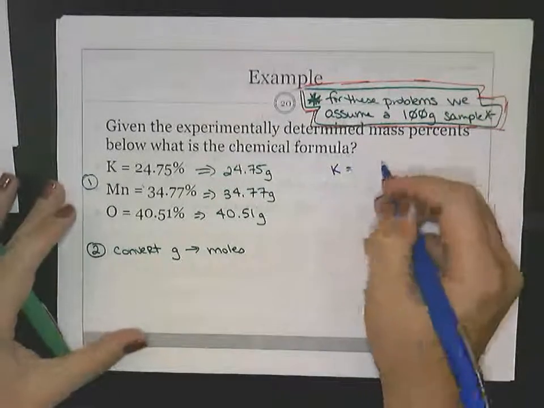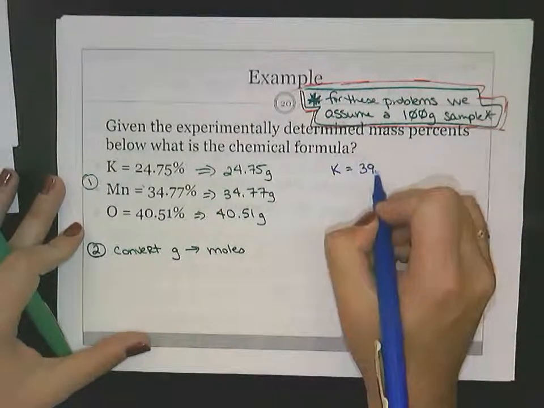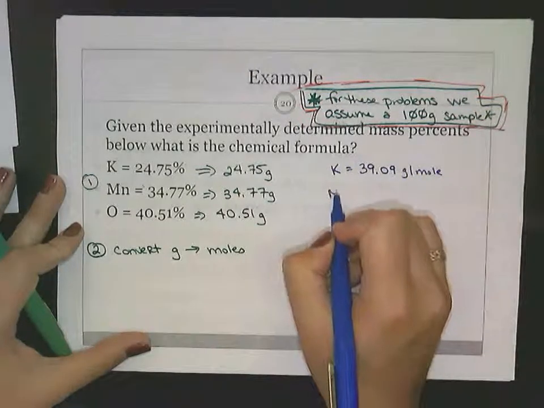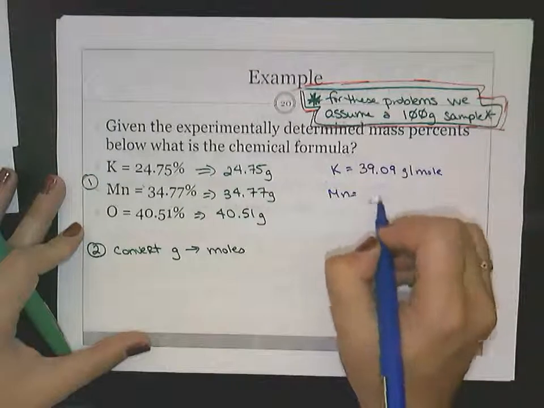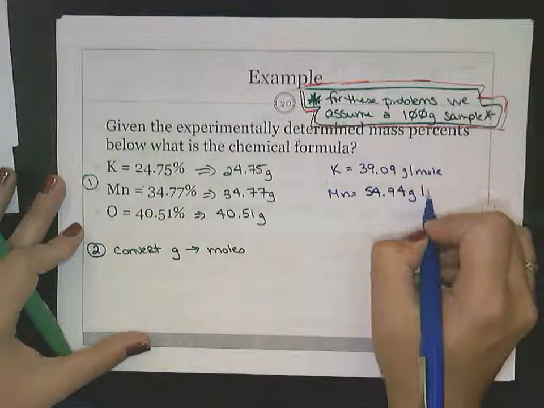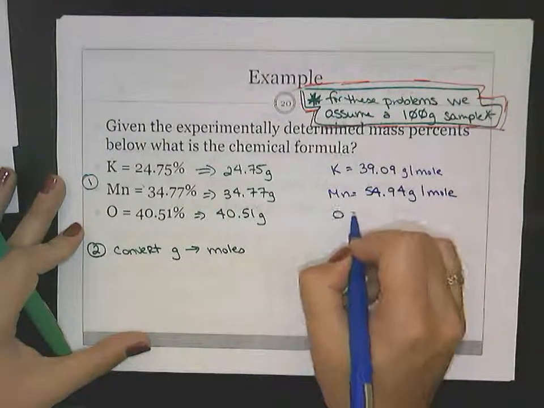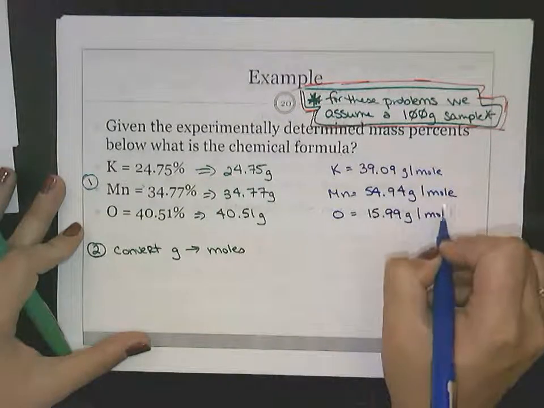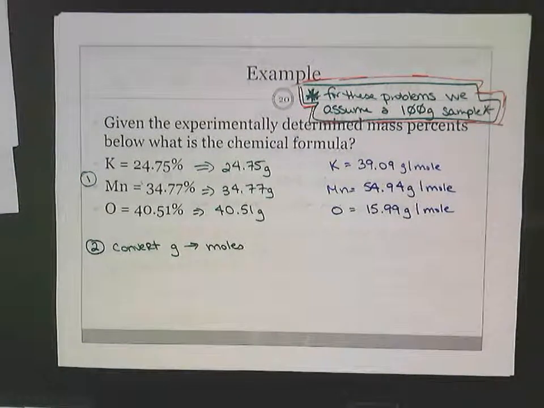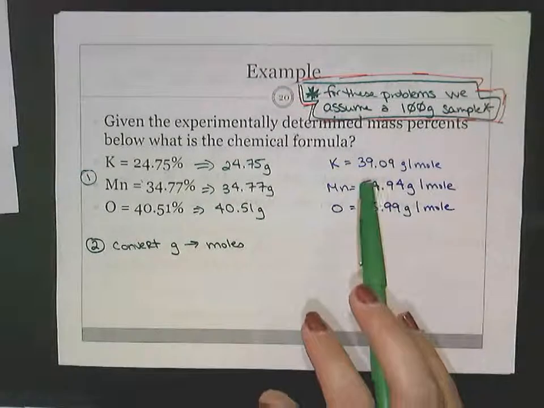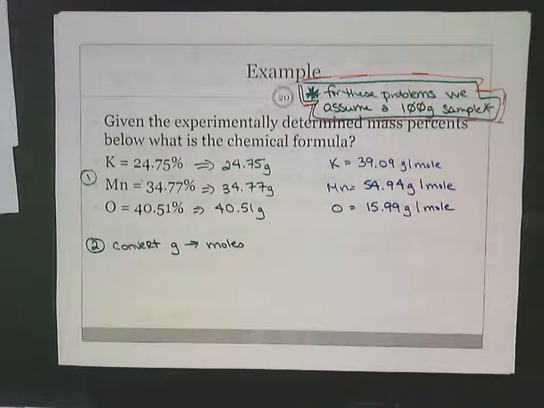K is 39.09 grams per mole. Mn is. All right, so those are the molar masses. So everybody take a minute and convert these grams using their molar mass into moles. Again, that should hopefully be a review.